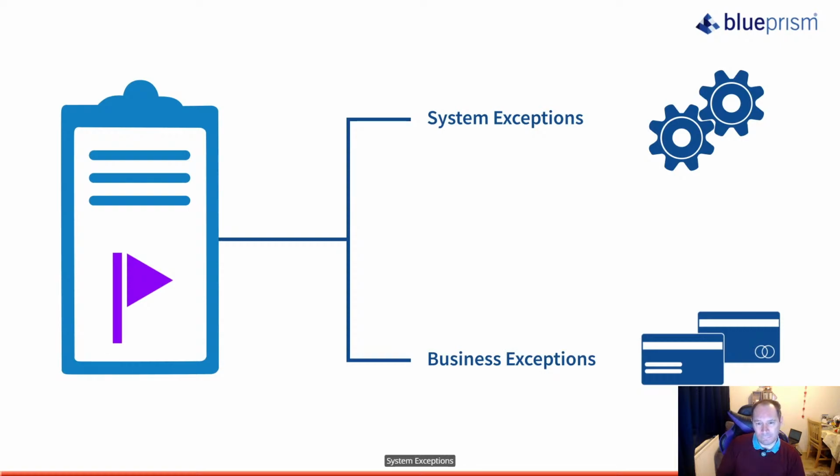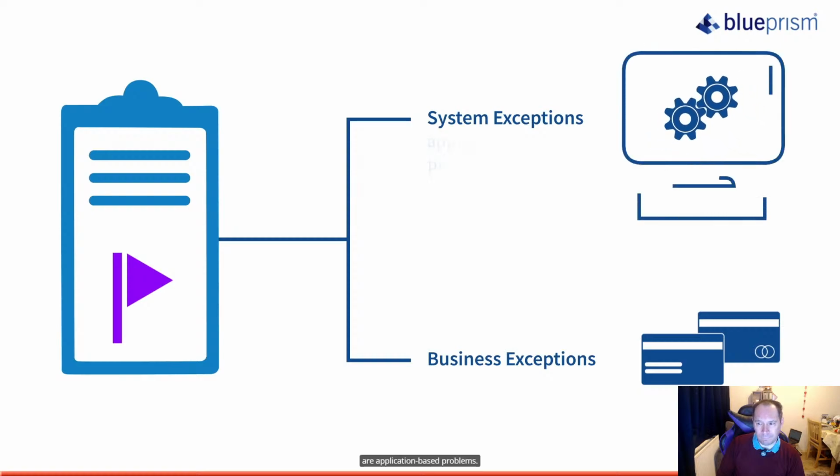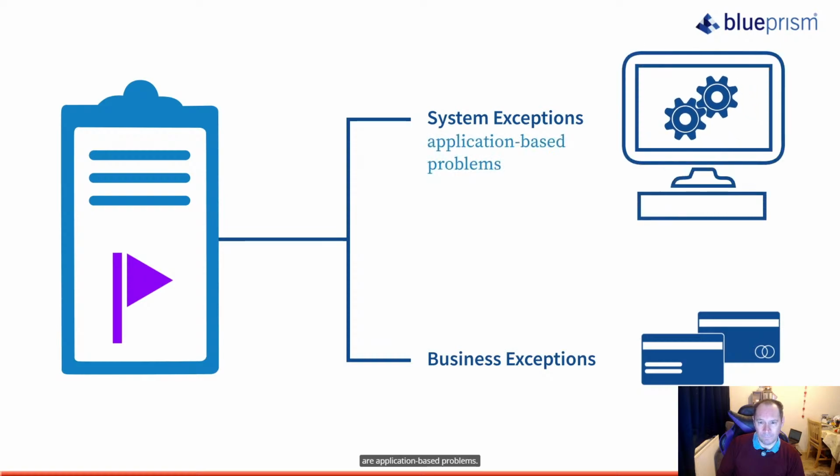System exceptions are application-based problems, and these occur when Blue Prism recognizes the application isn't behaving as expected. For example, when an application that is required by a Blue Prism process fails to launch, or when an element within an application window can't be identified on screen.